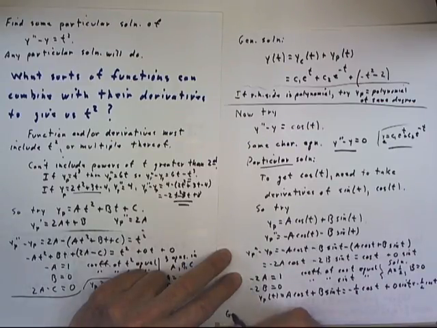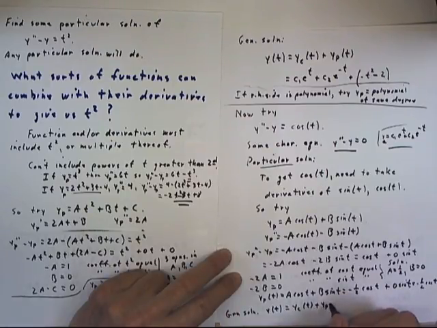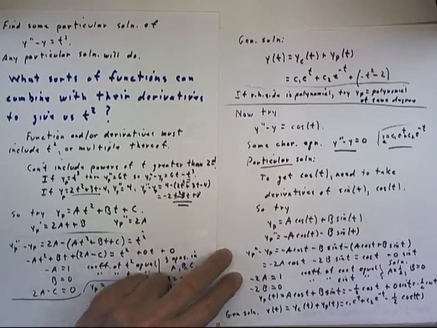Then our general solution, y of t equals yc of t plus yp of t, is going to equal our characteristic solution, which is C1 e to the t plus C2 e to the negative t, then minus 1/2 cosine of t.